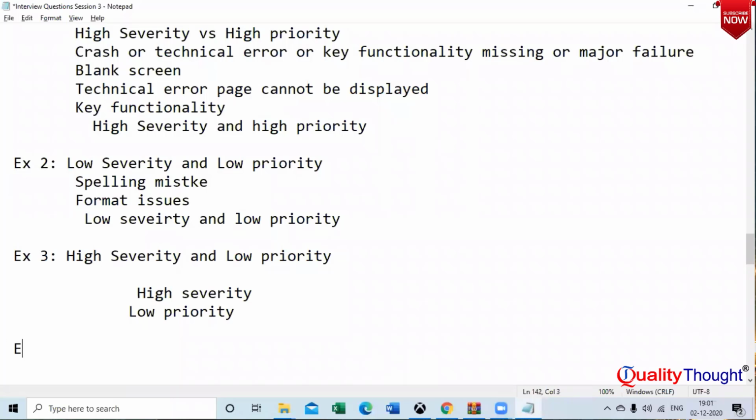And one more example, they're expecting in interviews: high priority but low severity.